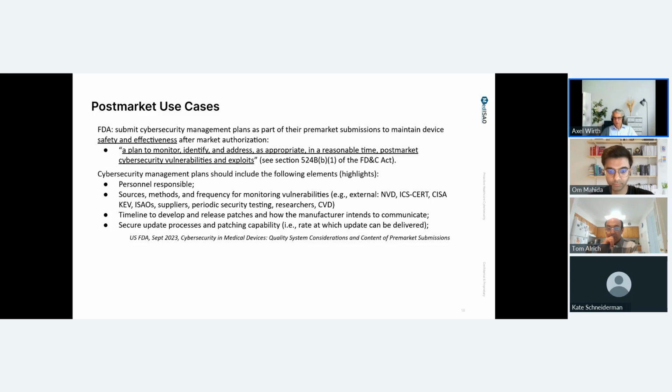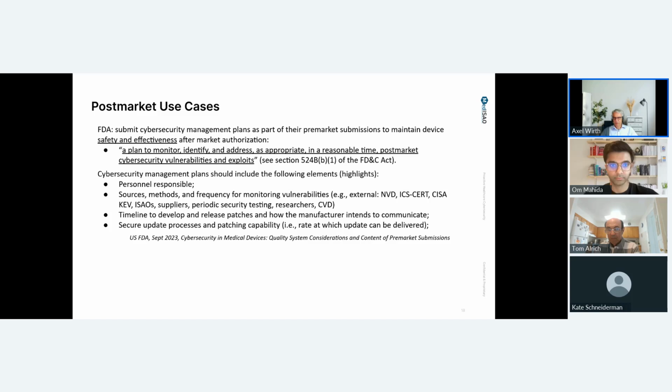And that plan should include things like the personnel responsible, the sources and methods you're using to identify vulnerabilities, and those could be databases like NVD, ICS-CERT, CISA-KEV, the Known Exploited Vulnerability Database, but also information you receive through MDMs, through your supply chain, through periodic security testing, as well as partners, researchers, coordinated vulnerability disclosure, and so forth.